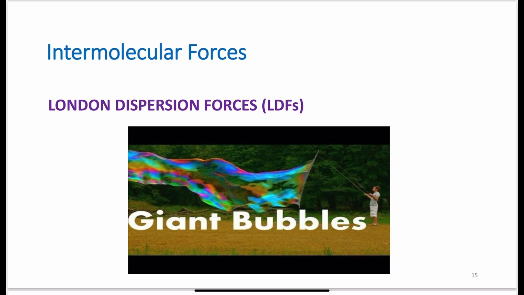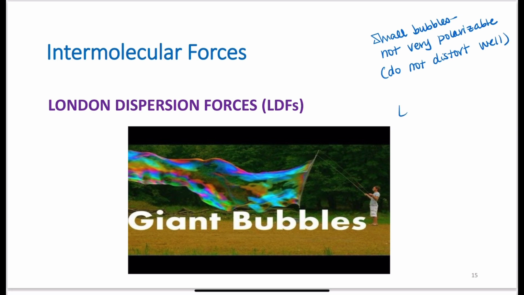So these small bubbles are not very polarizable. They do not have a lot of distortion. The large bubbles are very polarizable.